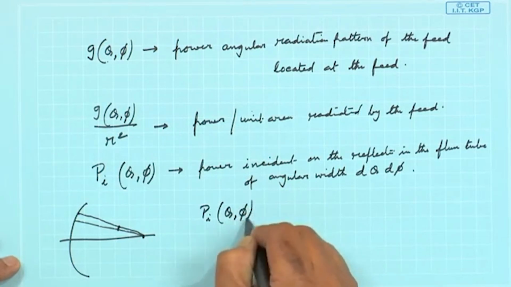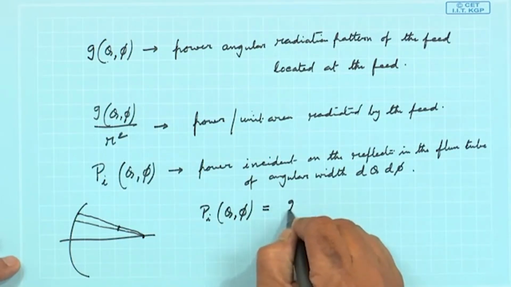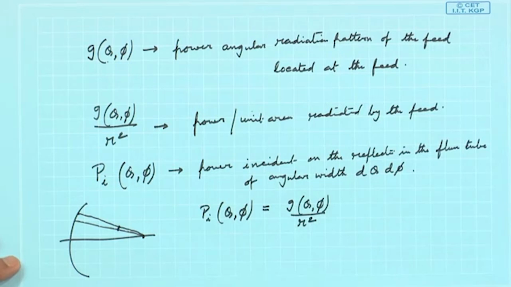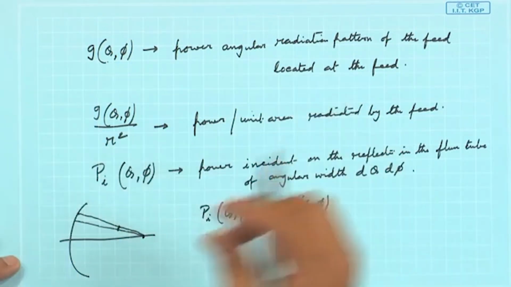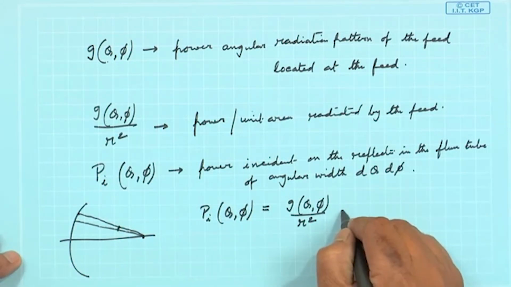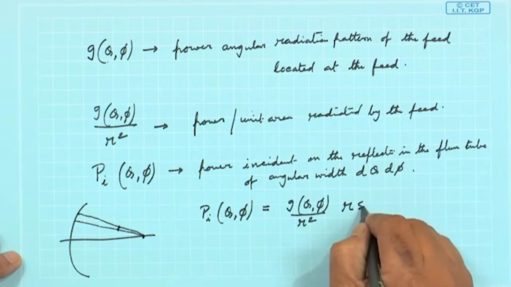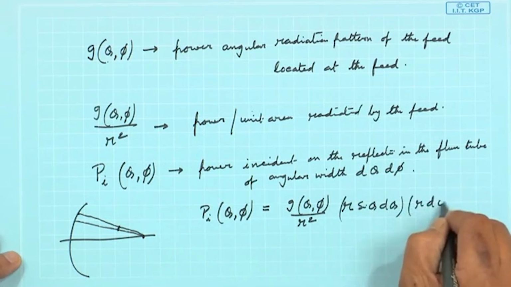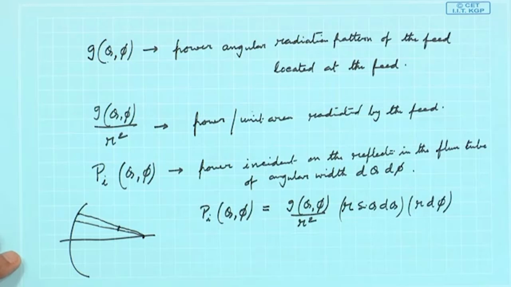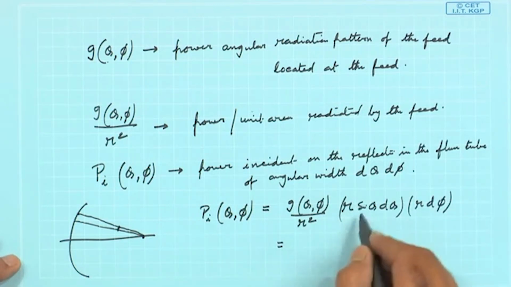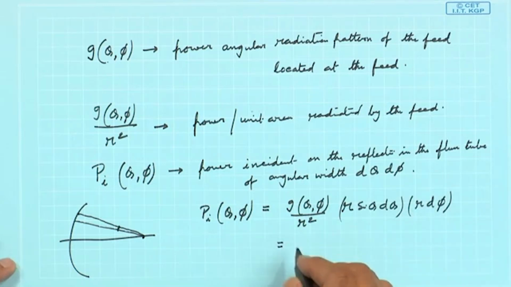So, pi theta phi is g theta phi by r square into the area in that angular strip. And can I say what will be that area? One will be r sin theta d theta, another will be r d phi. Okay. So, actually you will see that these r will get cancelled.